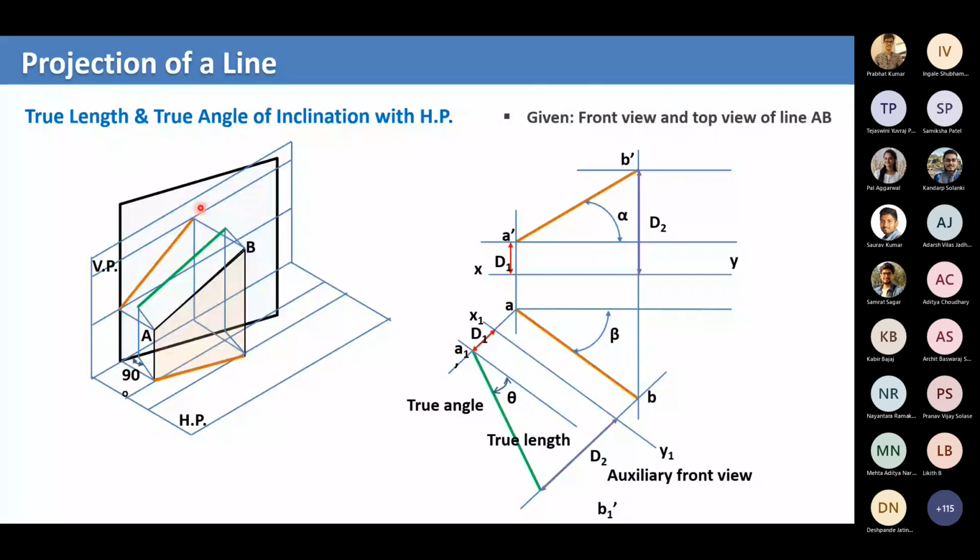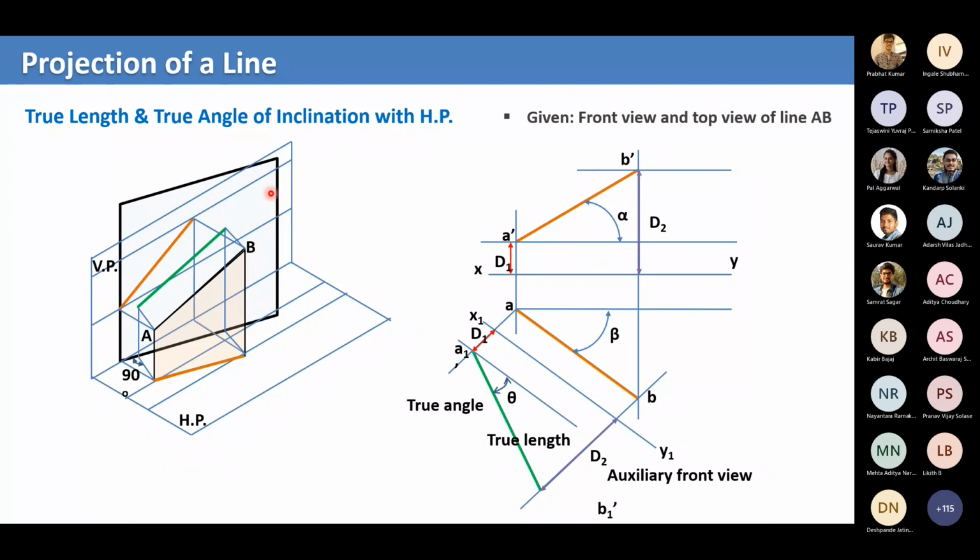We are taking the auxiliary plane parallel to one of the projections. So this is the top view. We are taking the auxiliary vertical plane parallel to the top view, and we are projecting our AB onto that auxiliary plane. So we end up with the true length of the line. So this is one of the auxiliary planes, the auxiliary vertical plane.